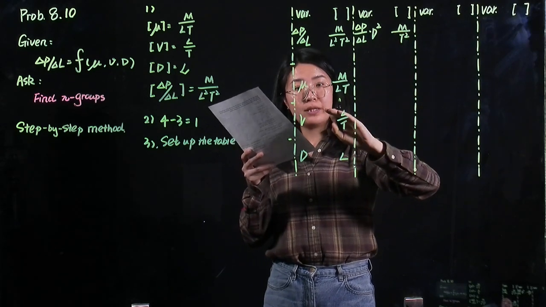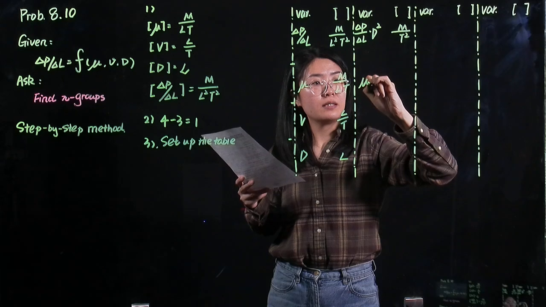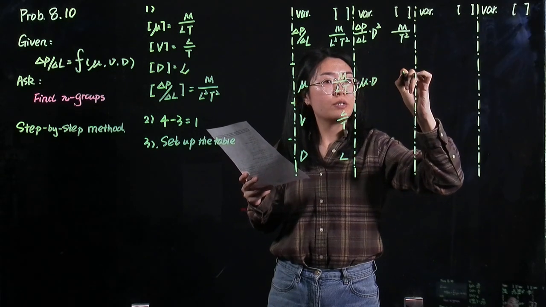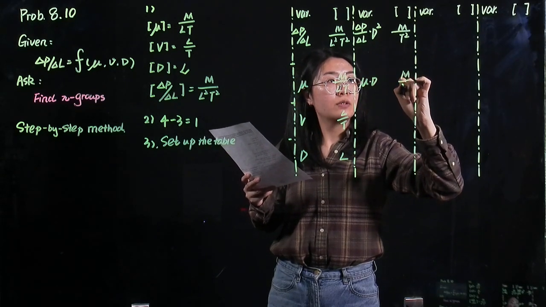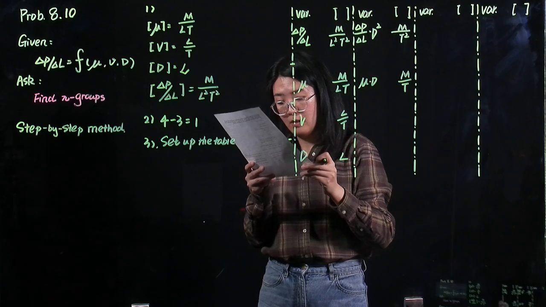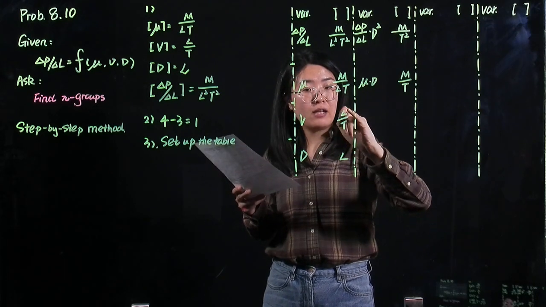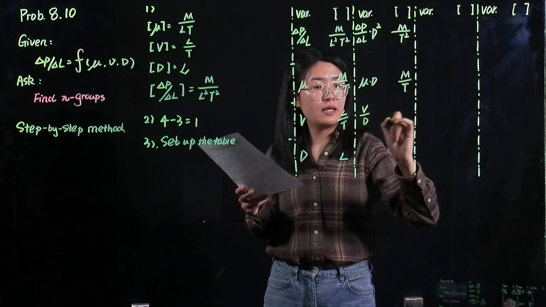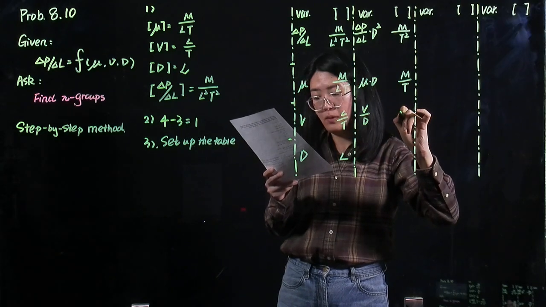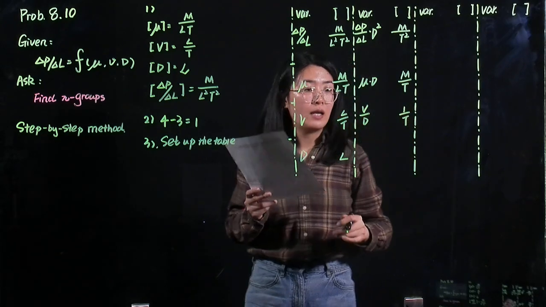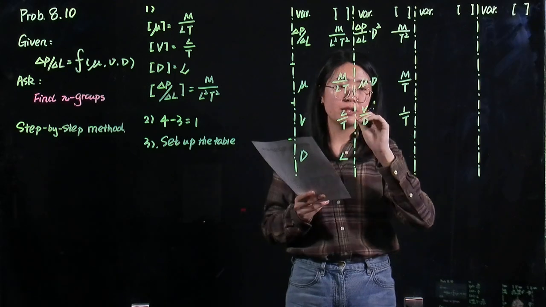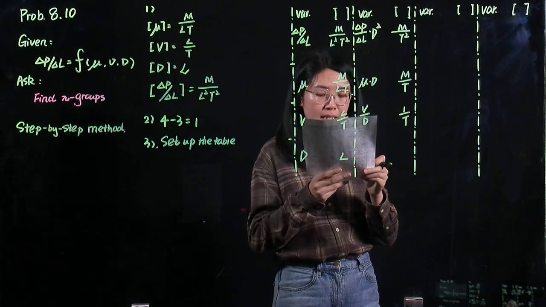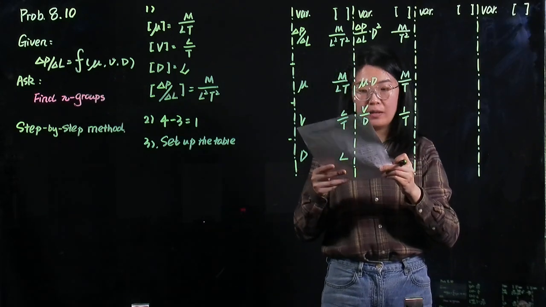For this case, we also multiply by D, which gives M over T. For this case, L is here, so we use V divided by D. It's 1 over T. And then we select V over D to eliminate T here.